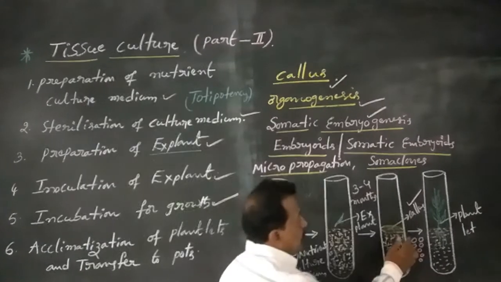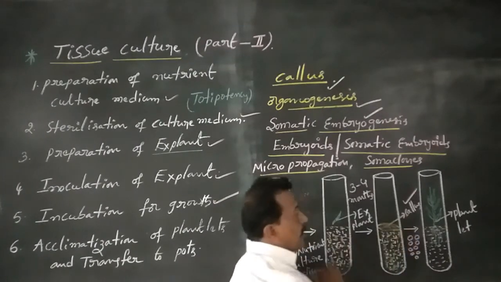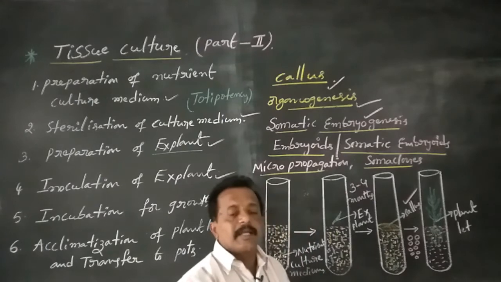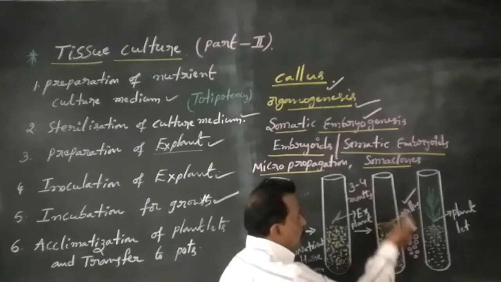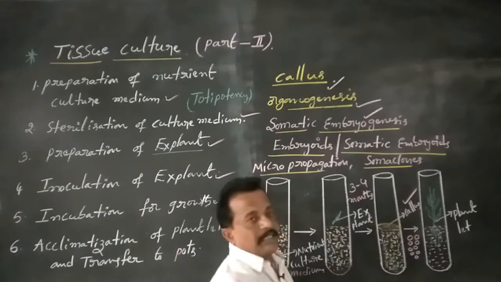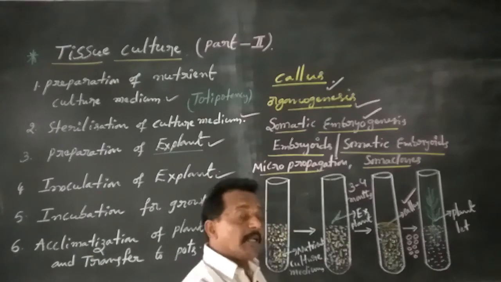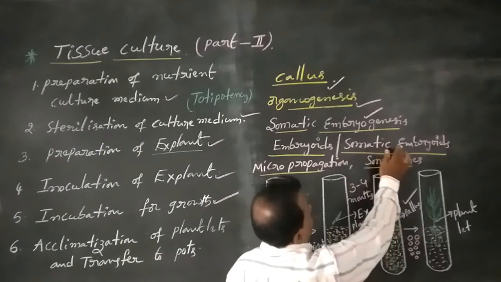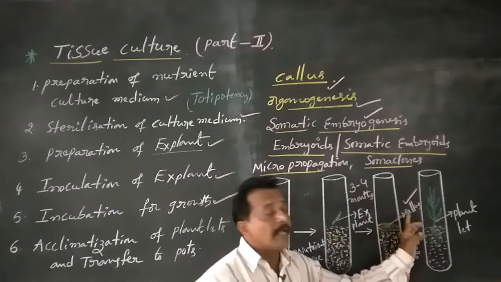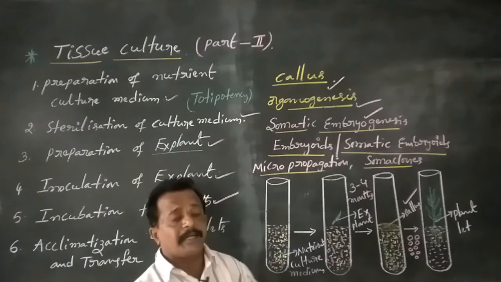These embryos develop directly in the callus, and are called somatic embryos.